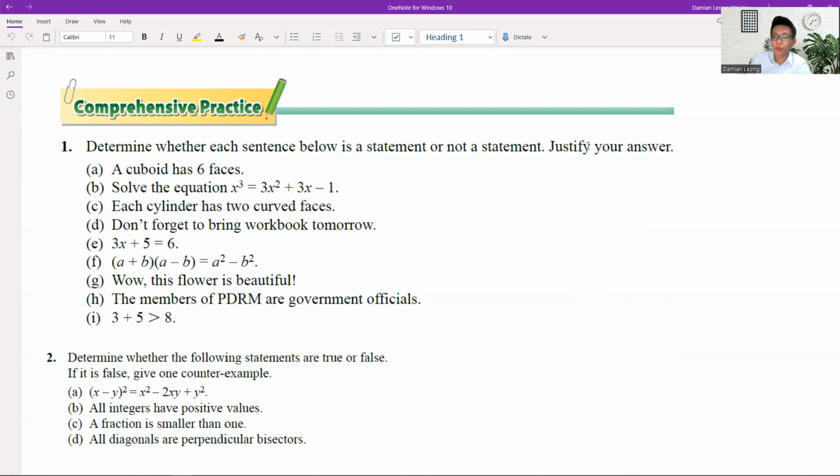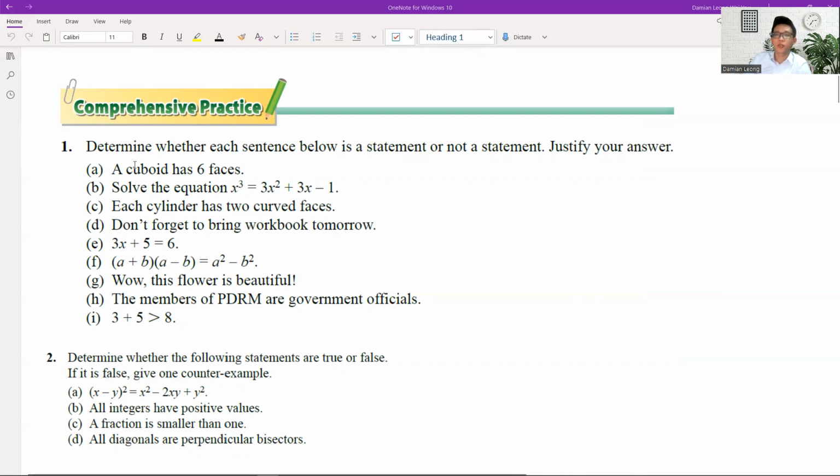So how do we say that it works? Basically, if it has a truth value, then it's a statement. If it doesn't have a truth value, it's not a statement. A truth value means you can certainly say it's true, you can certainly say it's false.